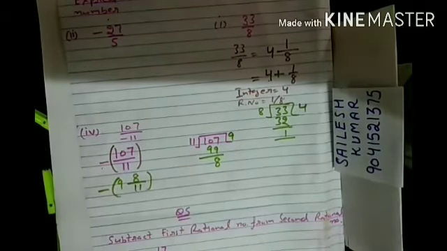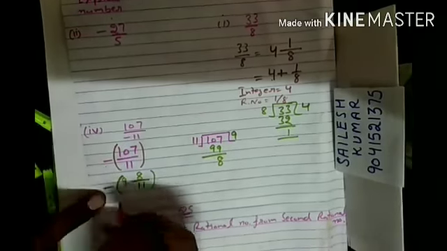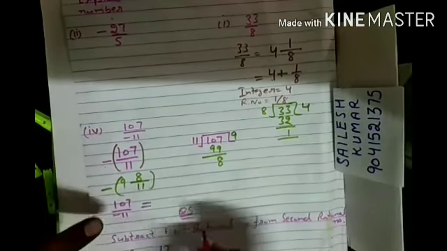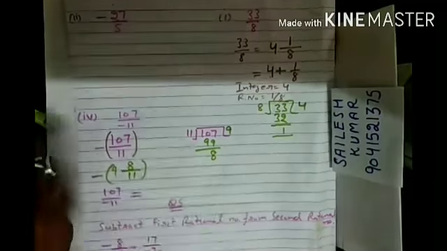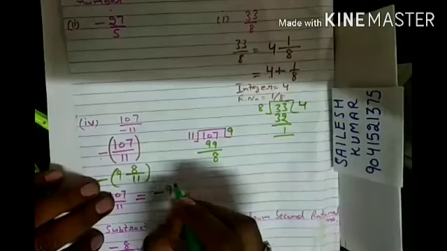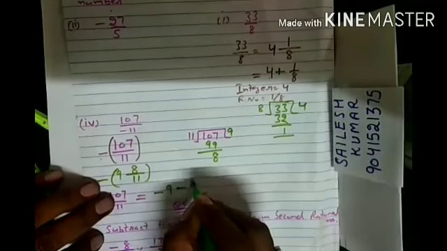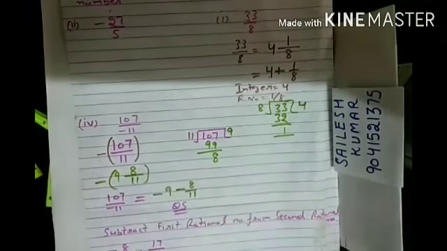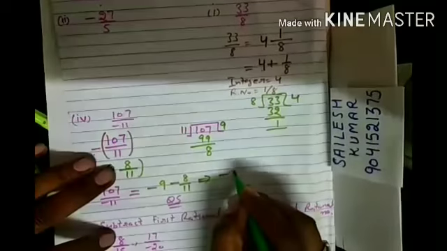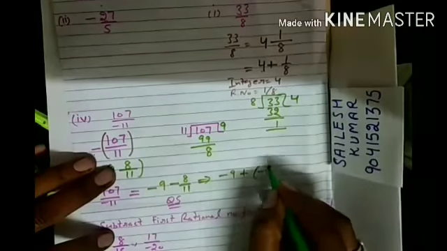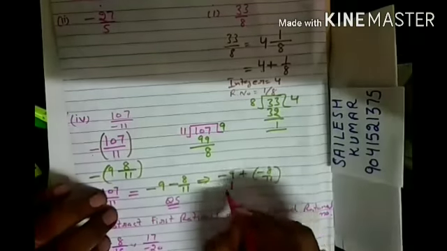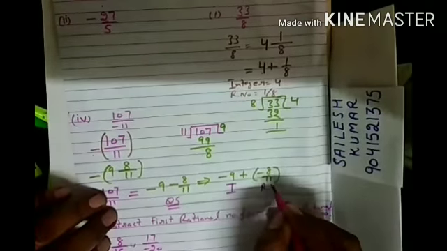So this 107 over minus 11 can be written as minus 9 and minus 8 by 11, or minus 9 plus minus 8 by 11. Now here this is the integral part and this is the rational number.